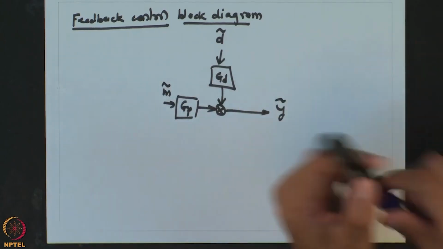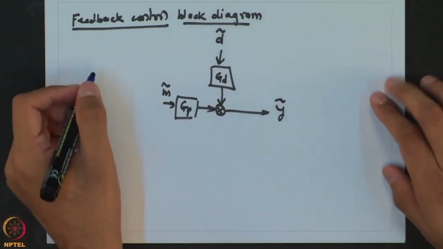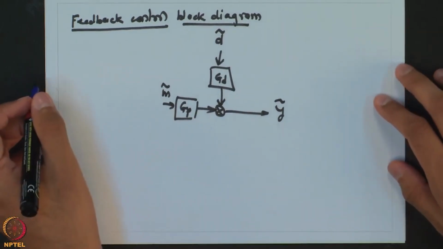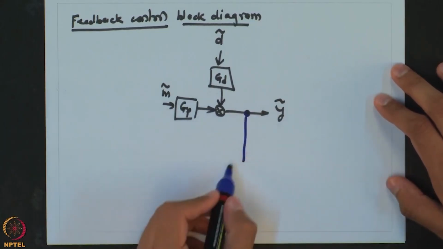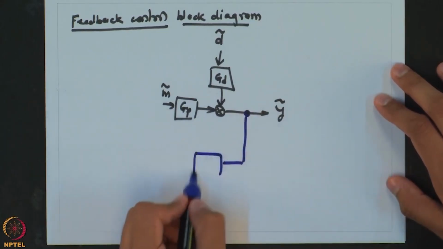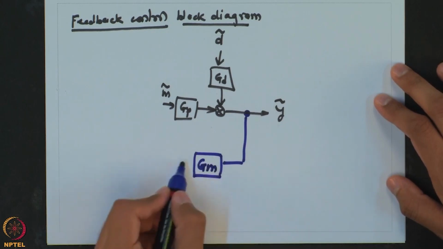So, let us draw. The first thing of the feedback control system is that we want to measure the value of the controlled variable. So, we will have a measurement block, and the corresponding transfer function is say Gm.